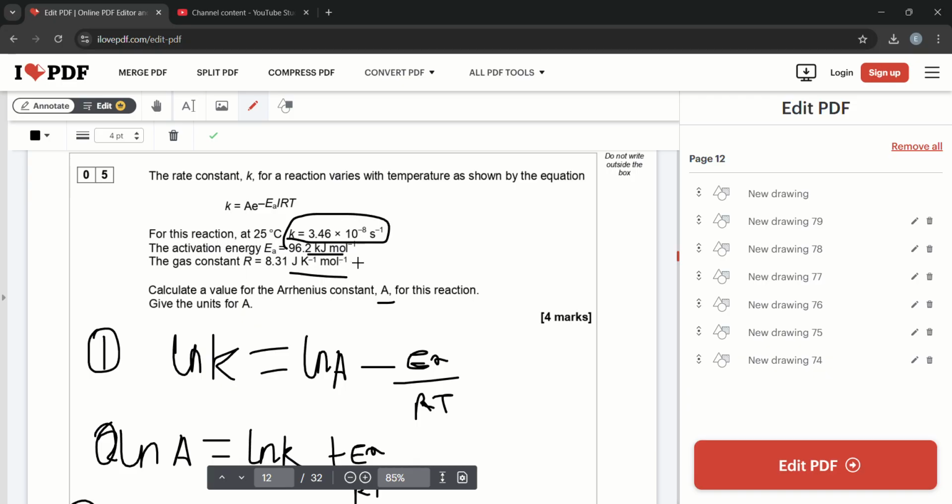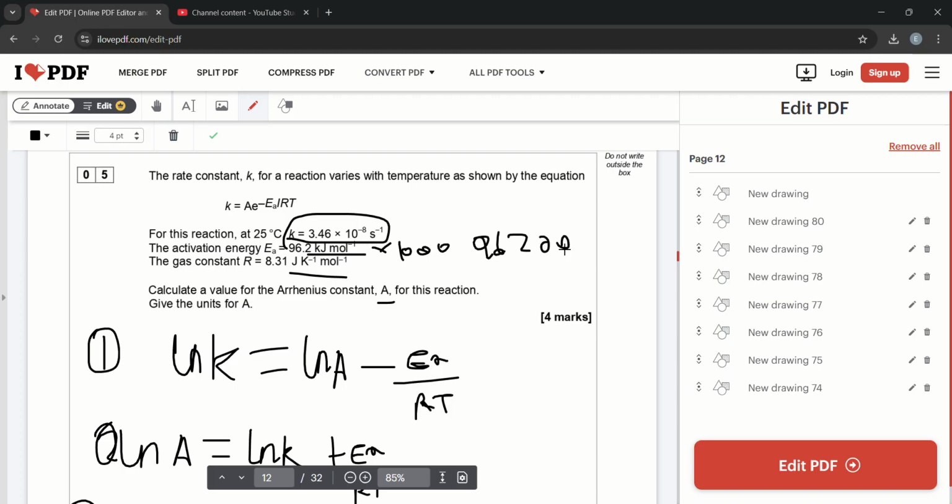Well, we need to convert activation energy into joules so it matches the gas constant R. So we're going to times by 1000, we get 96,200 joules per mole. That's a bit sneaky: we need to times by 1000 to convert into joules because the gas constant is in joules.